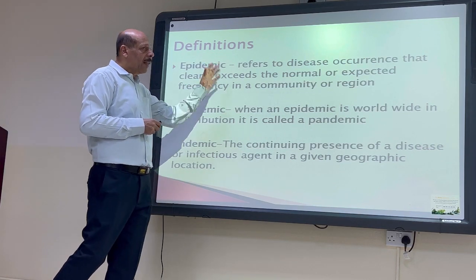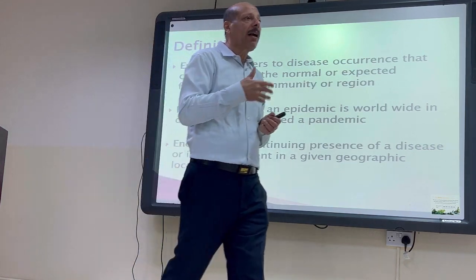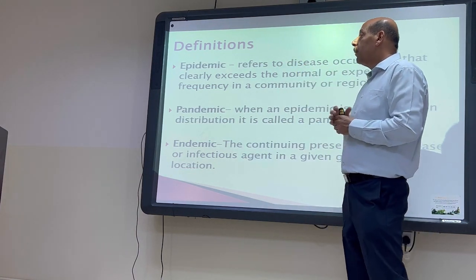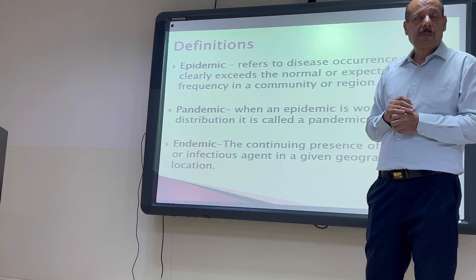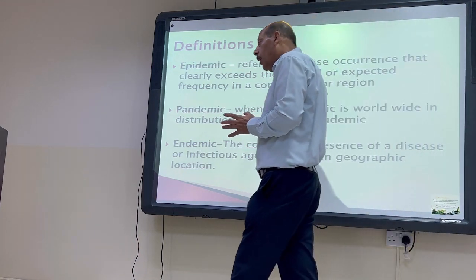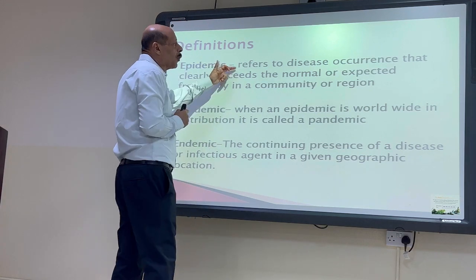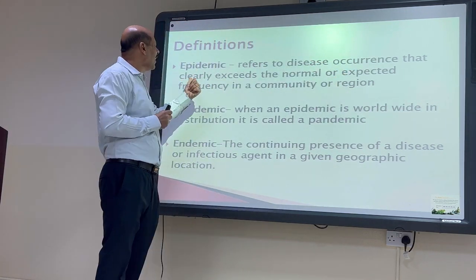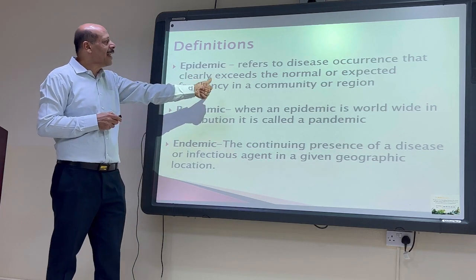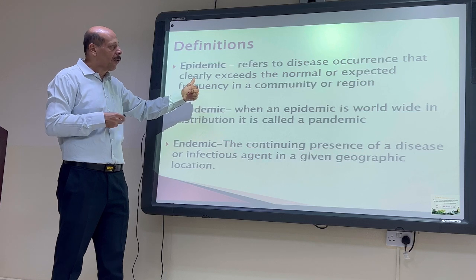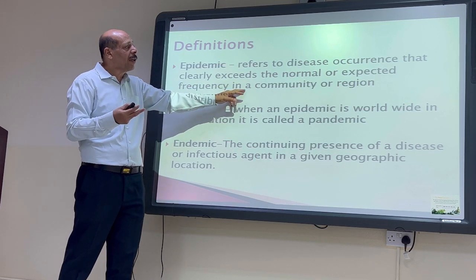Also, in epidemiology, there are other terms, like epidemic. What does that mean? Epidemic refers to a disease whose occurrence clearly exceeds the normal expected rate or frequency in a community or a region.